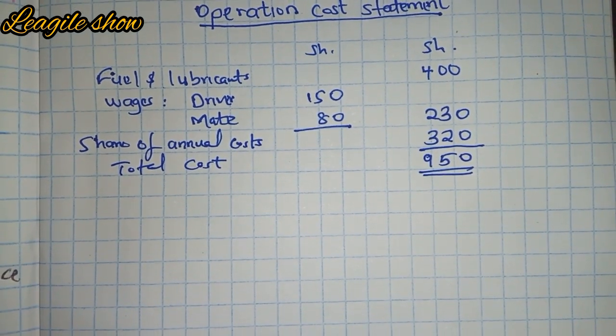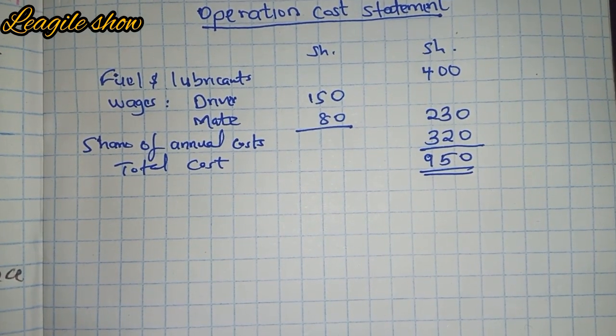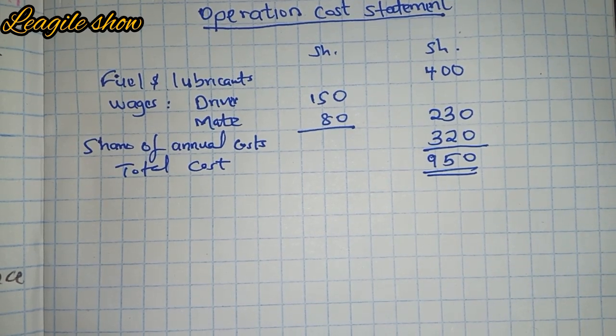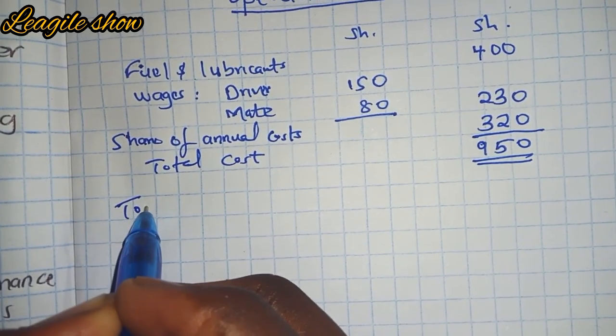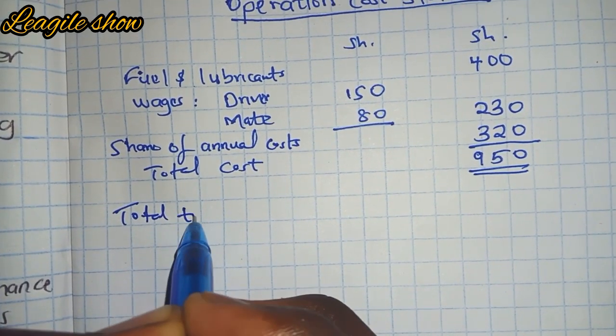But being that we are supposed to calculate the cost per ton kilometer or cost per kilometer, we need to now look for the total ton kilometers.